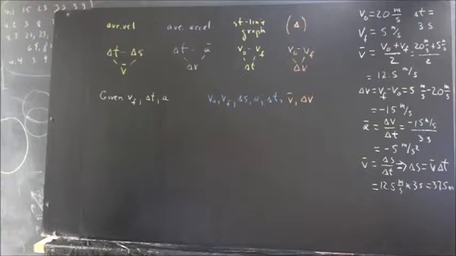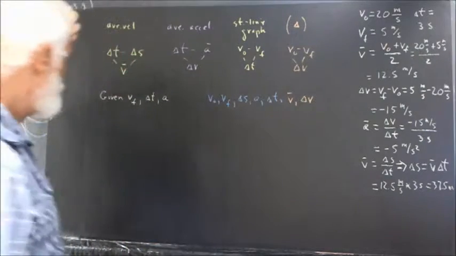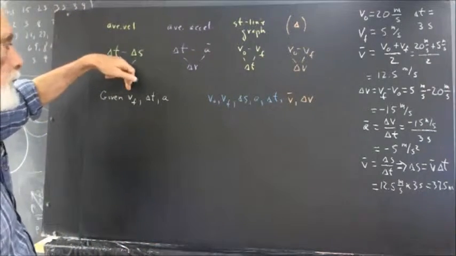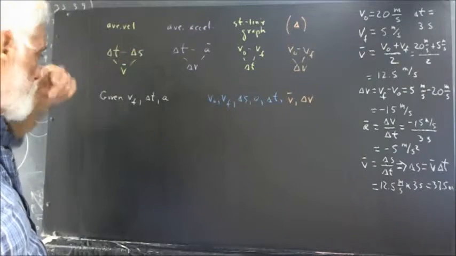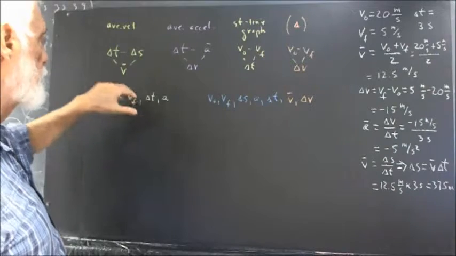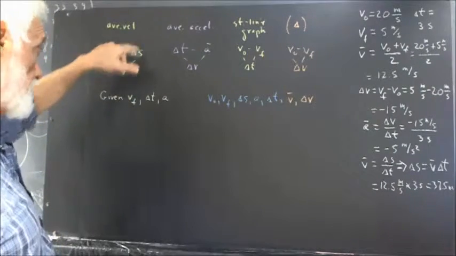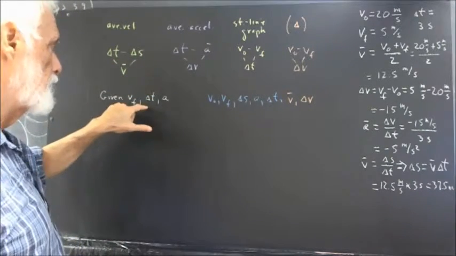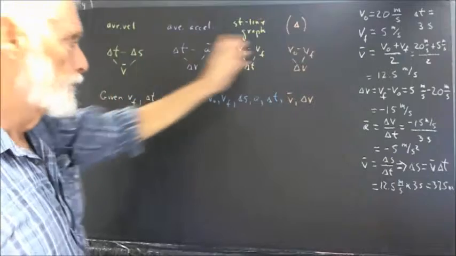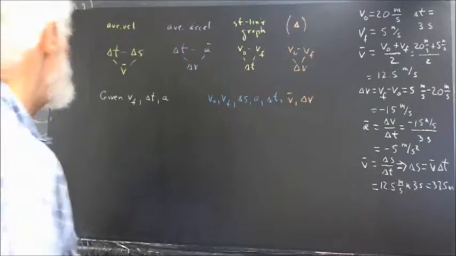Well, at least we've got to start before we have a conclusion. What do we get? Can we put VF and delta T together to get anything? Well, the answer is no. Delta T could go together with an average velocity to get delta S, or with a change in velocity to get A, but VF and delta T aren't directly related by any of these relationships.